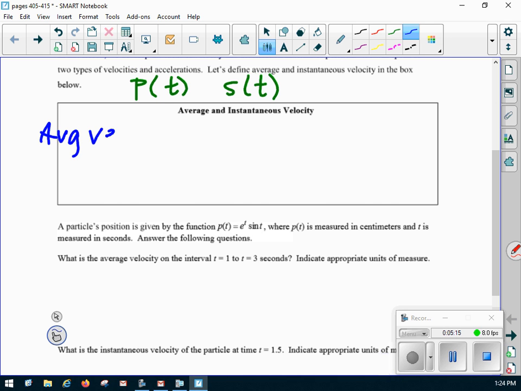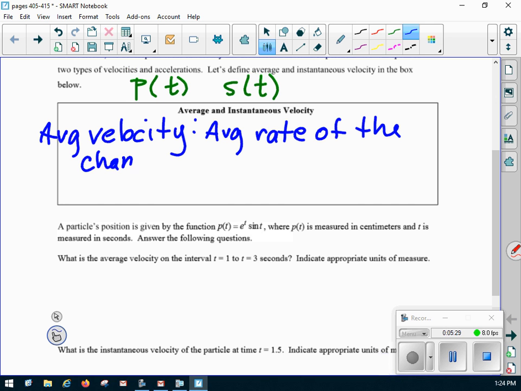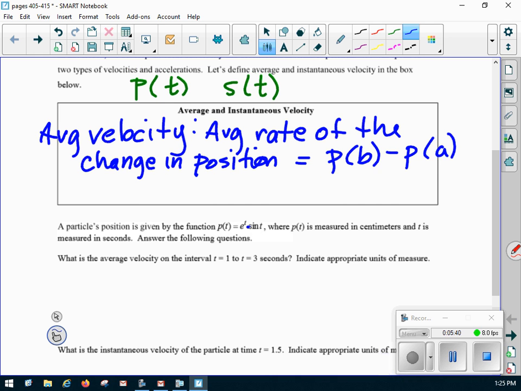Average velocity is the average rate of change in position. So that would be P of B minus P of A over B minus A. A and B would be times.